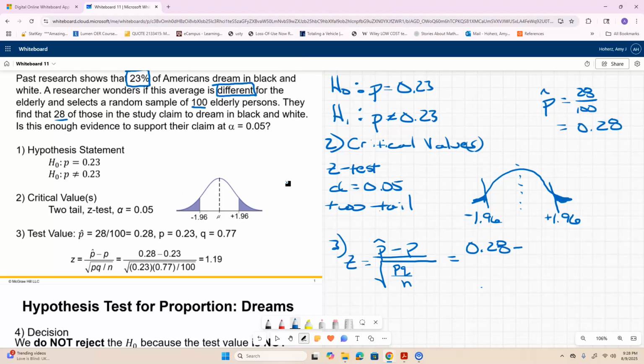Our P is the same P that we used up here with our hypothesis statement, 0.23. And then on the bottom, be really cautious that you use the P in the Q, not the P hat in the Q. So the P, again, is 0.23.